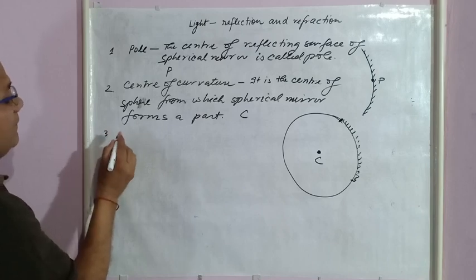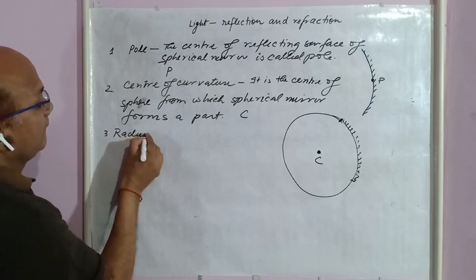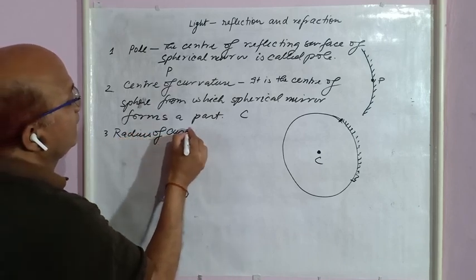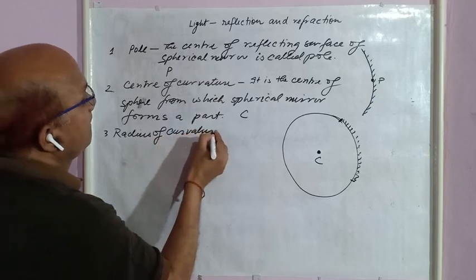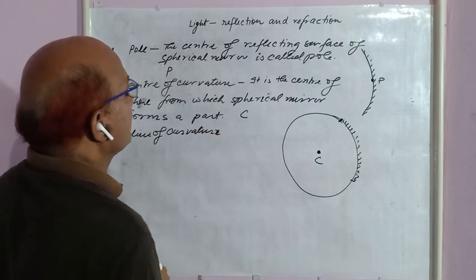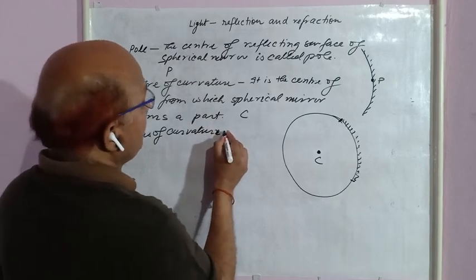Next term is radius of curvature. What is radius of curvature?